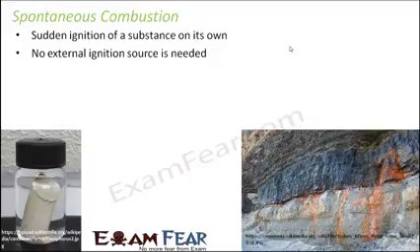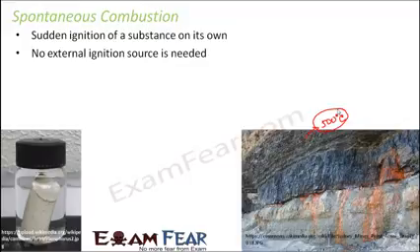Under the effect of high temperature, as I told you, coal has an auto ignition temperature of around 500 degrees Celsius. That means if you heat coal to a temperature of 500 degrees Celsius, it will get ignited on its own. That is exactly what happens in coal mines, due to which these coal fires take place.